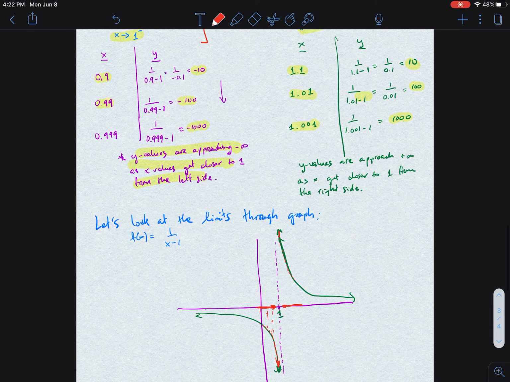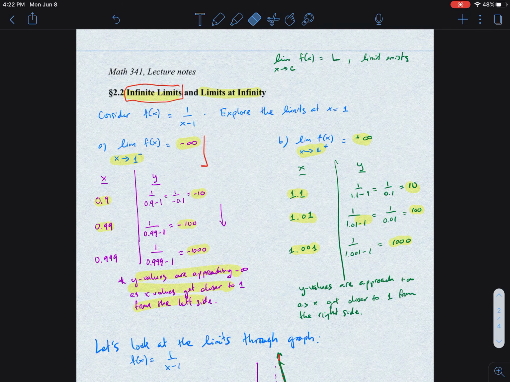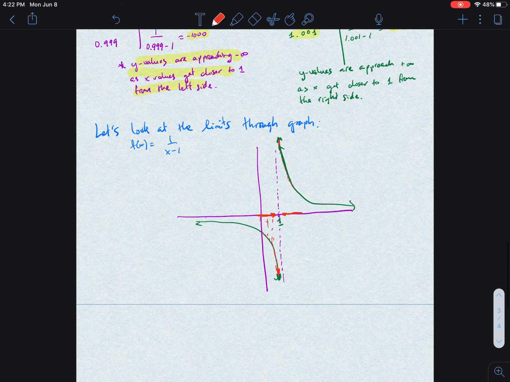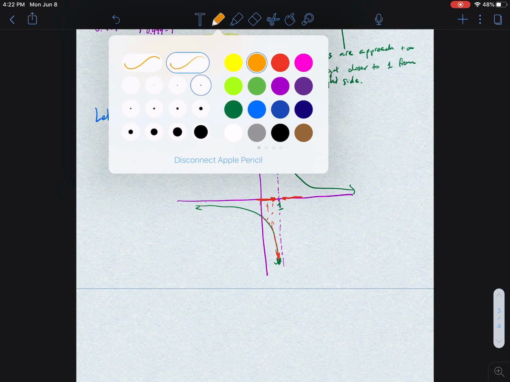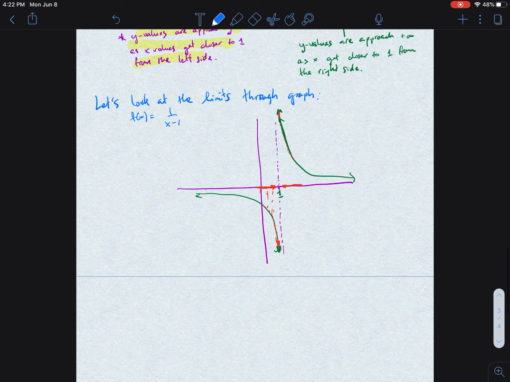So now we're going to look at another example, actually the same example, and explain the limits at infinity. Okay, so we can do this through a graph actually. So using the same graph, let's look at the limit as x approaches, not a number, but approaches infinity of the function f(x). What would that be?